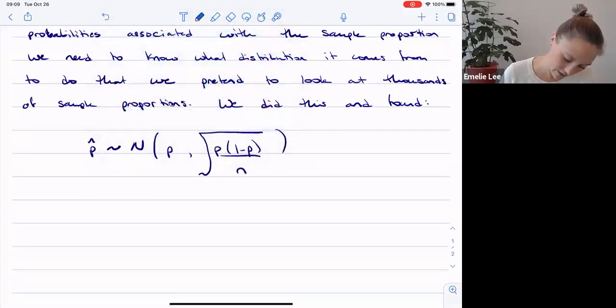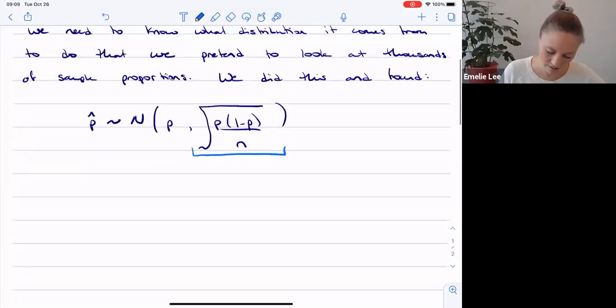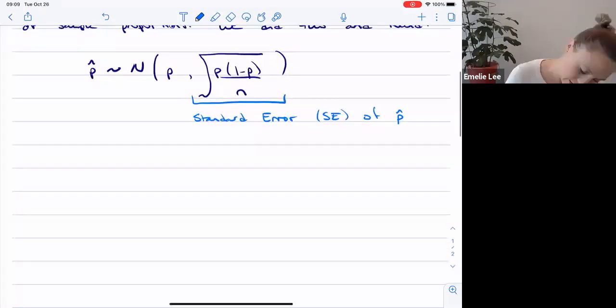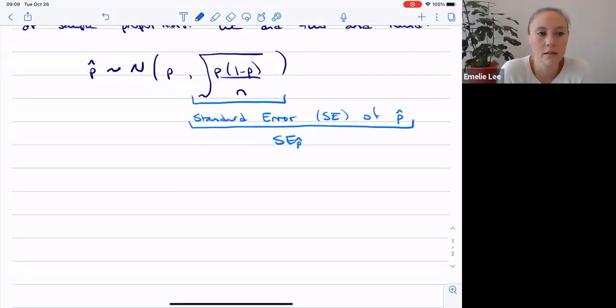And this we call our standard error of p hat, or SE subscript p hat.